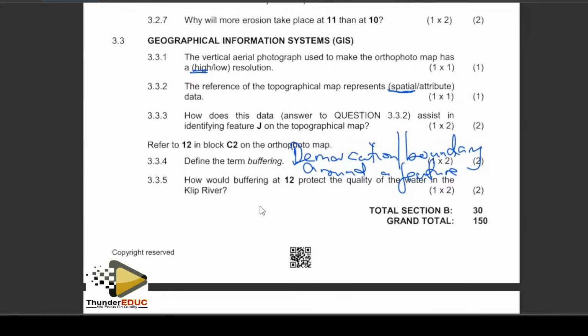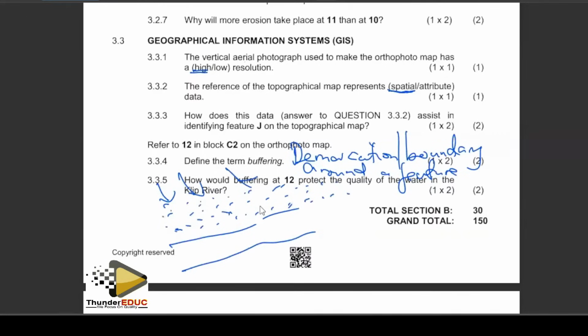If you are buffering a river, we are having the Klip River, then we don't want development to interfere with the river. We plant trees here to show that this is now the area of the river. There should be no human activities happening here, or there should be no development happening here. This is buffering. We've put a boundary. These trees are resembling that no human activity must interfere here.